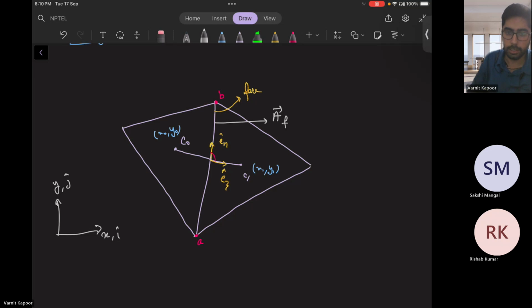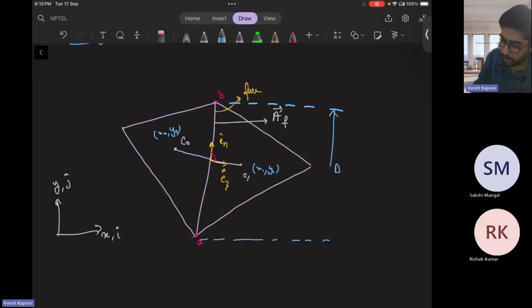And the silhouette here, this is in the direction of eta. So this is delta eta.